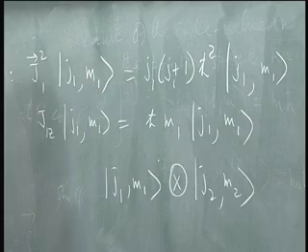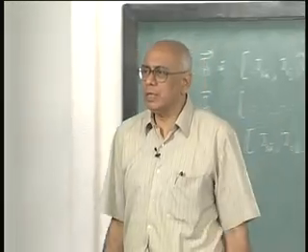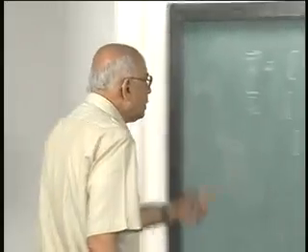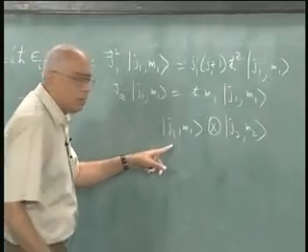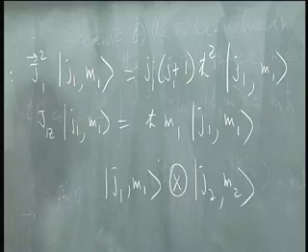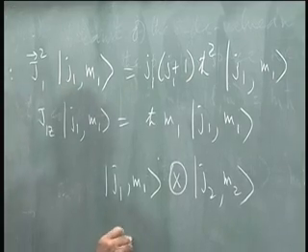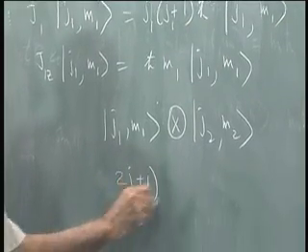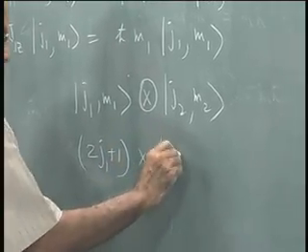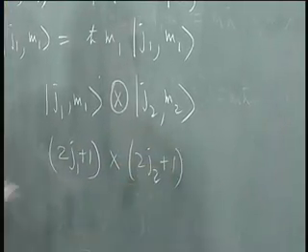Those are the states of my system, angular momentum states. I have to tell you what J1 is doing and what J2 is doing. And how many states of this kind are there for a given little j1? 2j1 plus 1, and that is 2j2 plus 1, and this is the dimensionality of my angular momentum space.